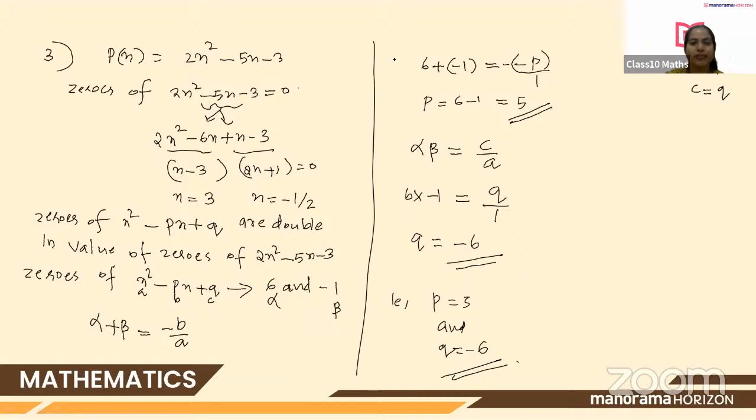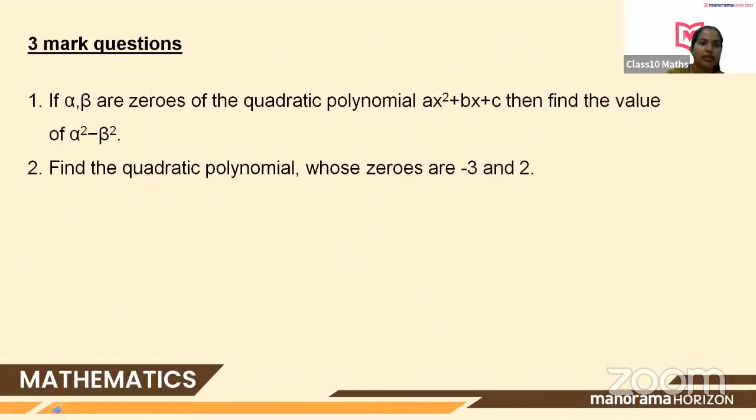Okay, so very good. Next set of questions, 3 more questions. If alpha, beta are zeros of the quadratic polynomial ax square plus bx plus c, then find the value of alpha square minus beta square.